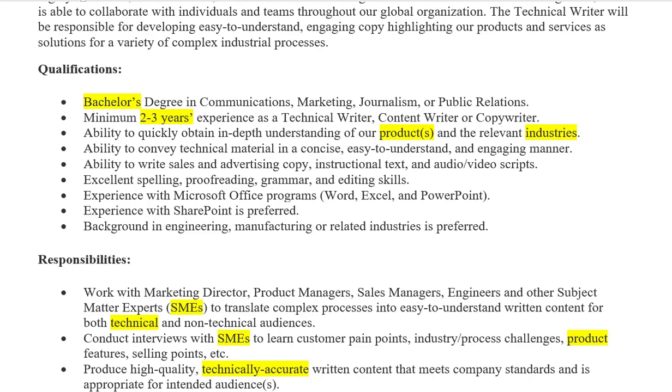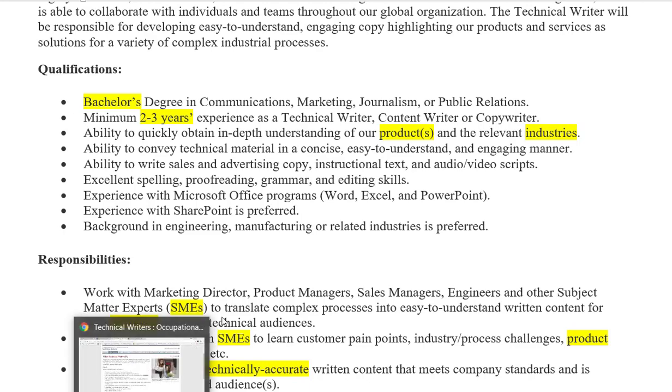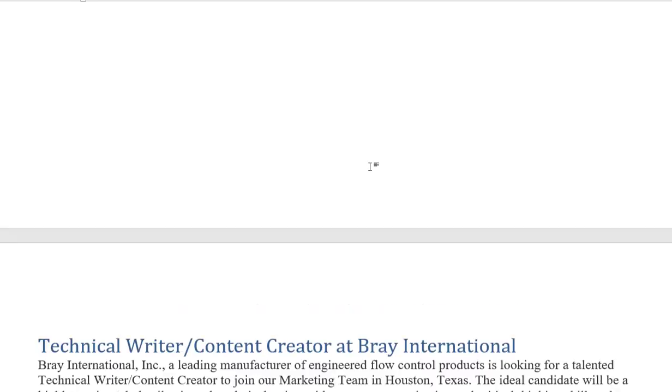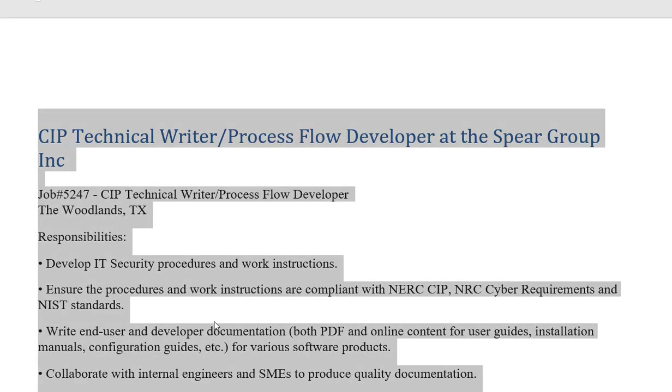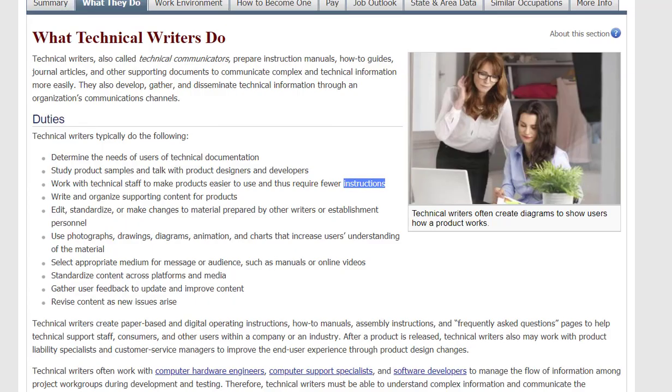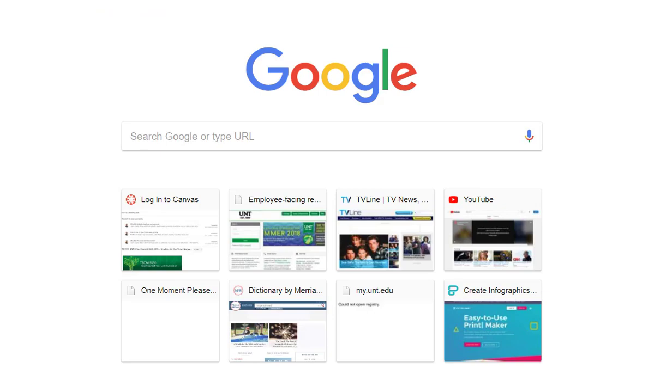Now, if you want to go even further, you can. I've taken 3 job ads here. And again, I'm not going to go through them all, but if you're more of a visual person, I'm going to just bop on over here to wordclouds.com.